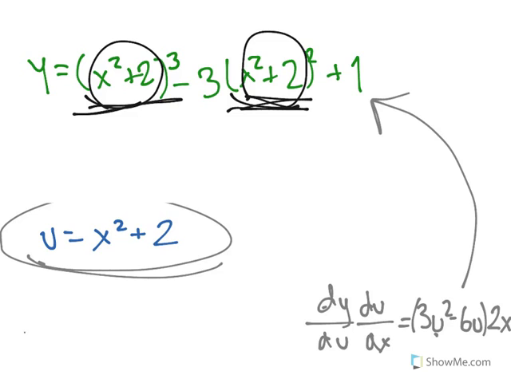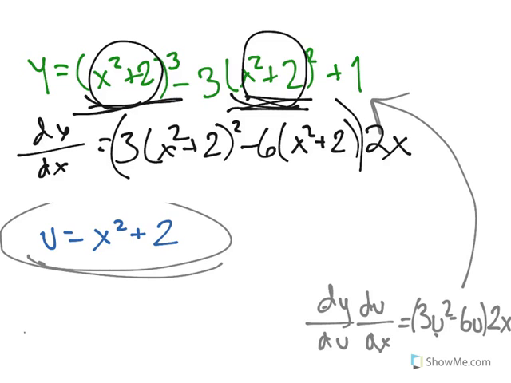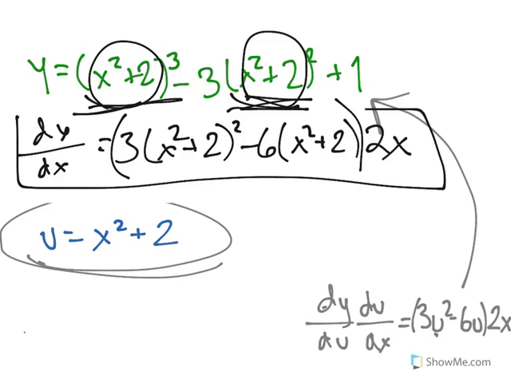And so we're left with dy over dx, that's just equal to 3 times x squared plus 2 squared minus 6 times x squared plus 2, and all of this times 2x. And that's it. That's our solution for the derivative using the chain rule.